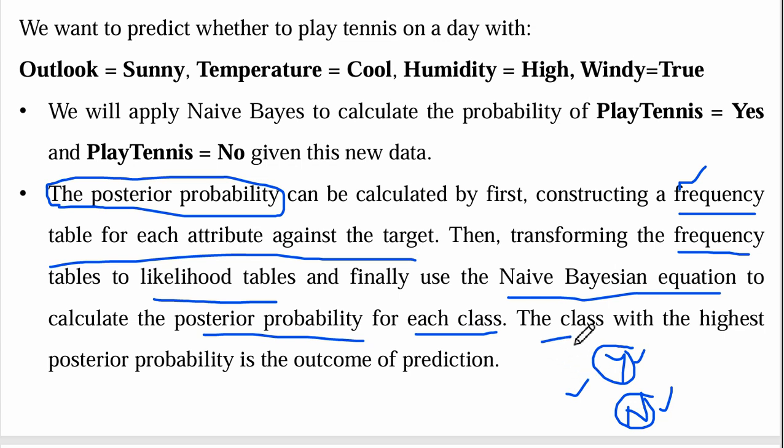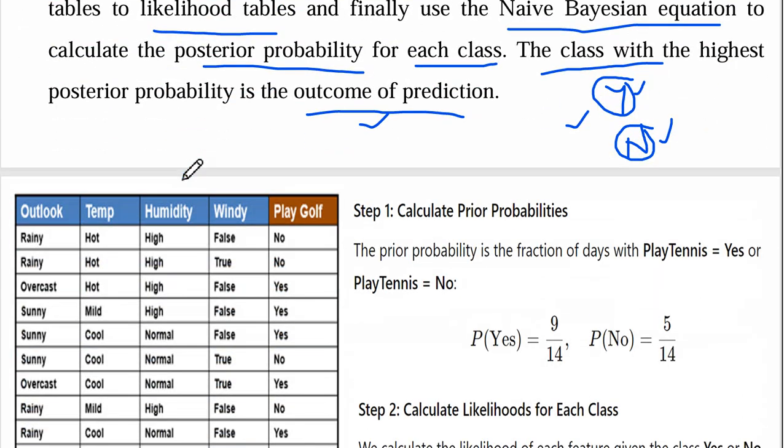That is the meaning of this: the class with the highest posterior probability is the outcome of the prediction. That is the procedure to find the class of the given test instance.